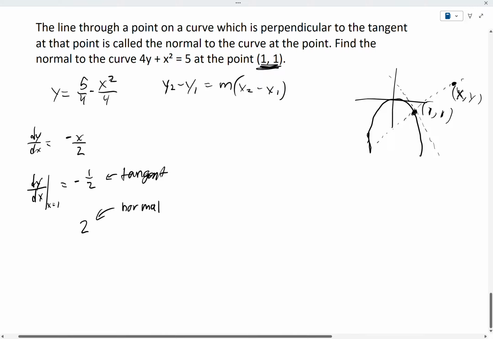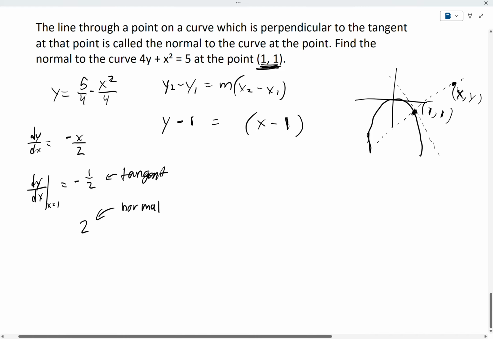That way, whenever I plug in some numbers to this equation, I'll still be left with an x and a y, and that's going to be the equation of the line in terms of x and y. So I'll say that y2 and x2 are going to be y and x, and that y1 and x1 are just going to be the point I'm given, (1, 1).